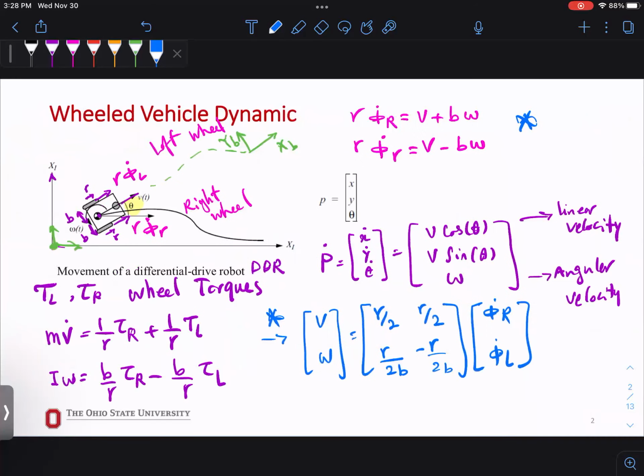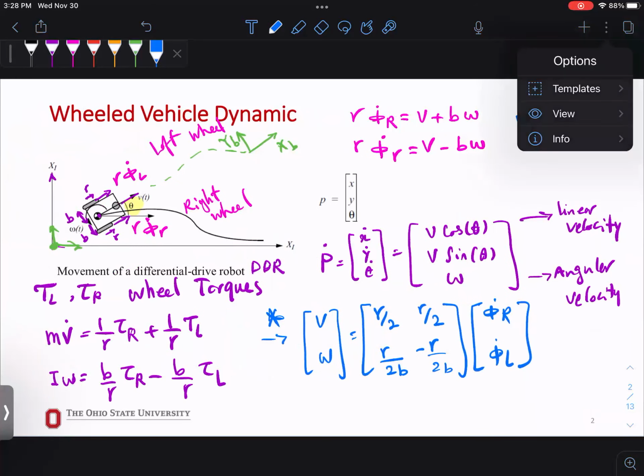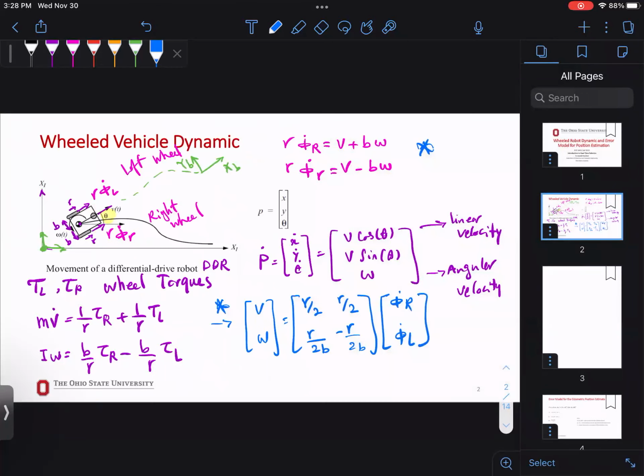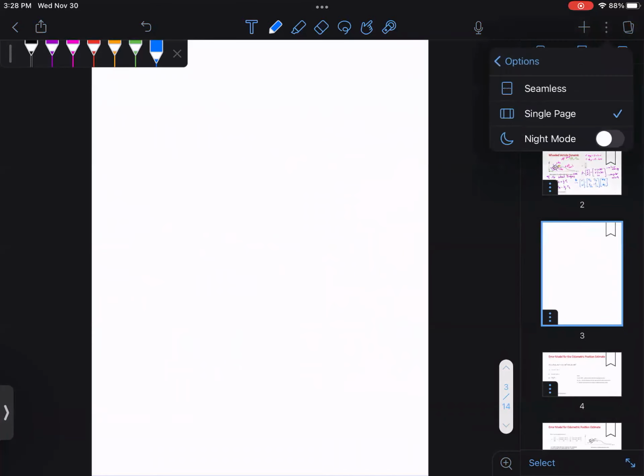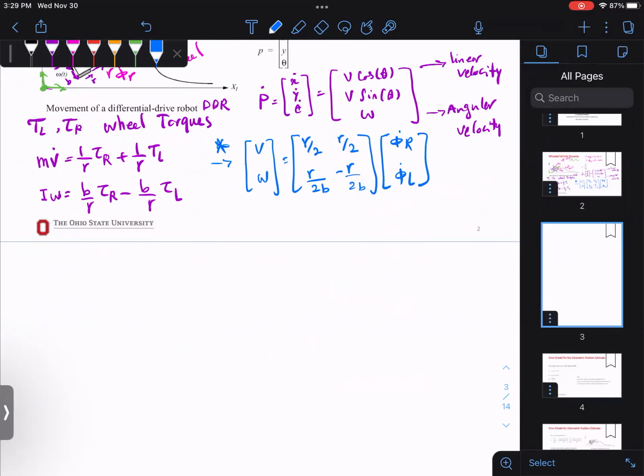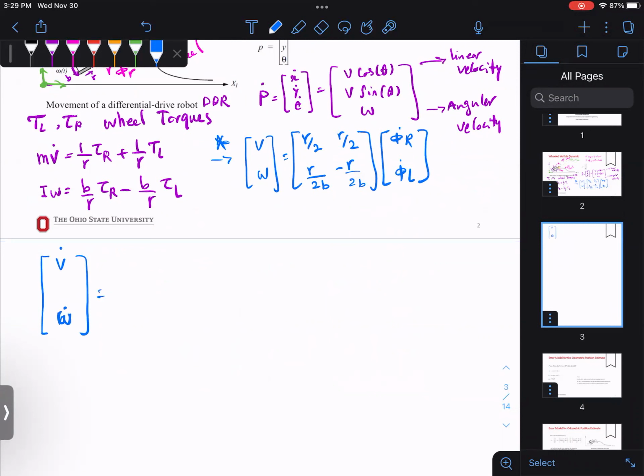I need to add a page here. I ran out of space. Add a page, okay. Great. So I can keep writing it here. Then I can say that, all right, I have my V, then I can write my V dot and omega dot as well. So it's not W dot, it's omega dot. I can get that from here, right?